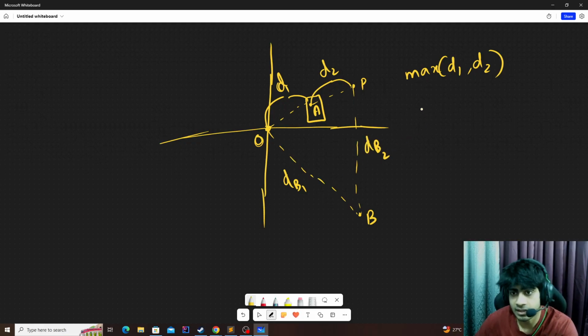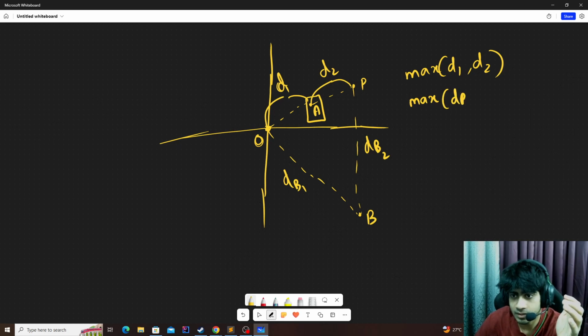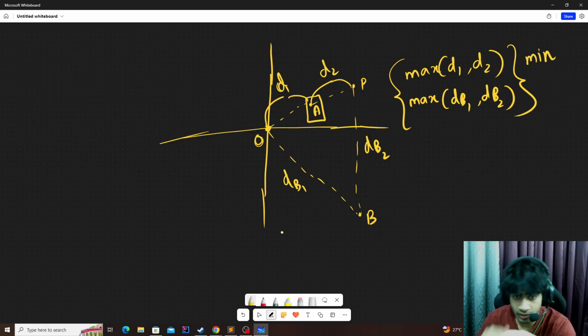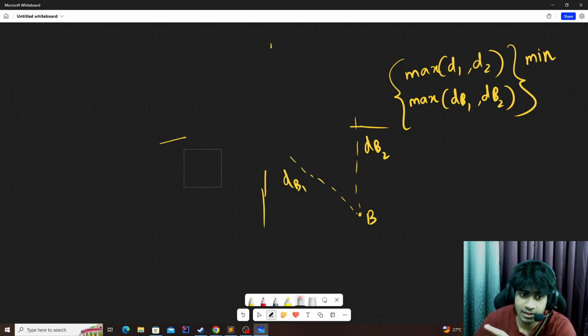Then again the answer, if you only take lantern B as your illumination lantern, is max of dB1 comma dB2, and then you can actually take the min of these two. This is the case where you are saying that I'll only go home using one lantern, but that would never be optimal, right? This is just a scenario. This also I've coded, this is just a scenario.